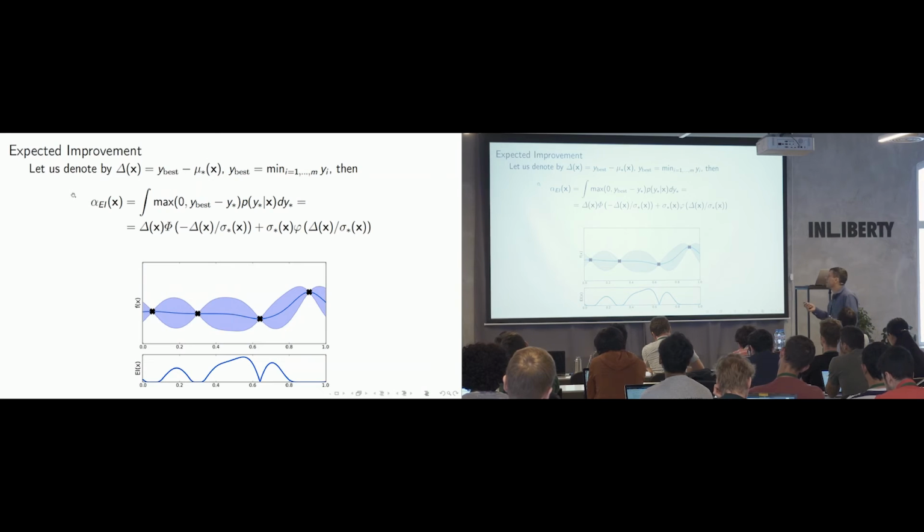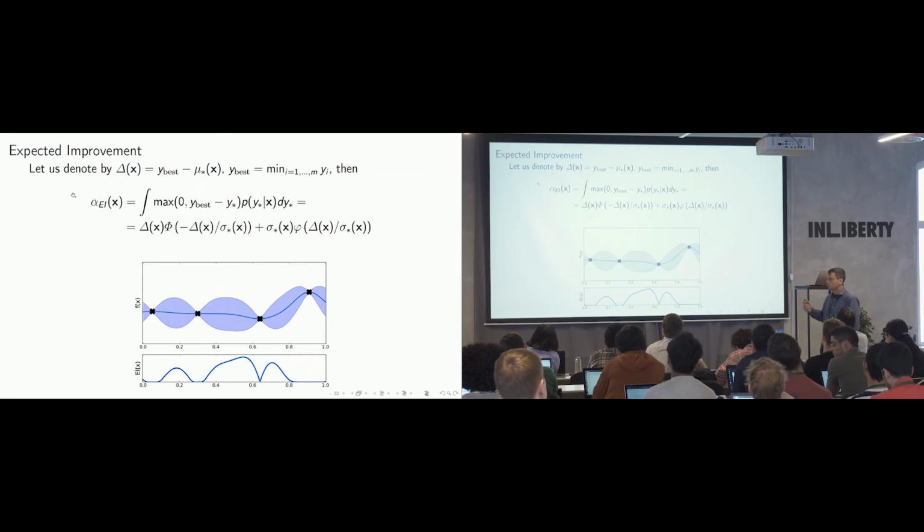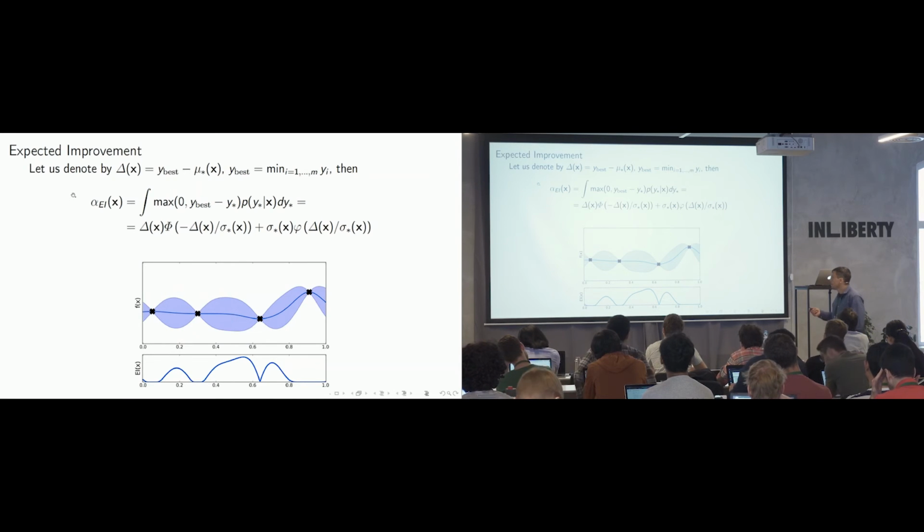Then we compare the value mu of x, the prediction, with the best value observed so far. We would like the actual value of the function to be as small as possible compared to the observed value, so we would like to minimize this difference.